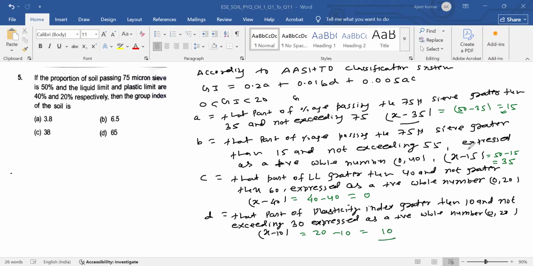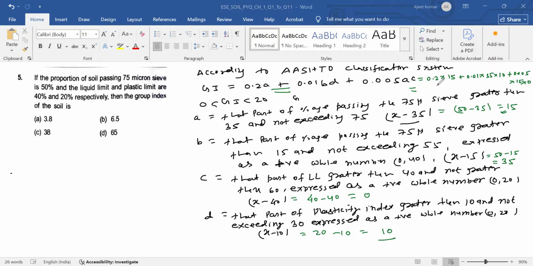So if you put these values in this expression, you will have 0.2 into A, which is 15, plus 0.01 into B into D. B is 35 and D is 10, plus 0.005 multiplied by A, which is 15, and multiplied by C, which is 0. So the whole last term will become 0.